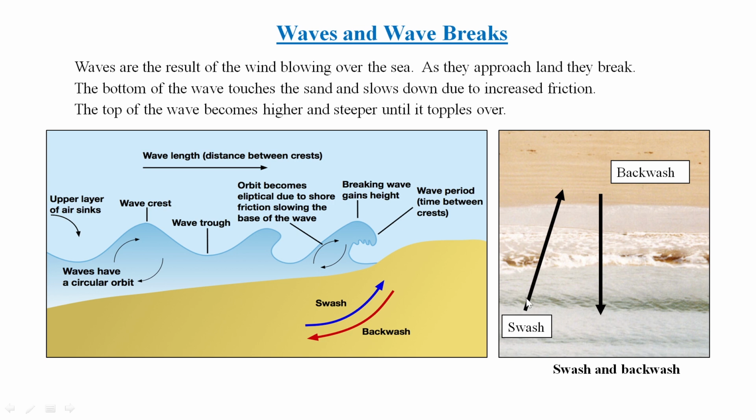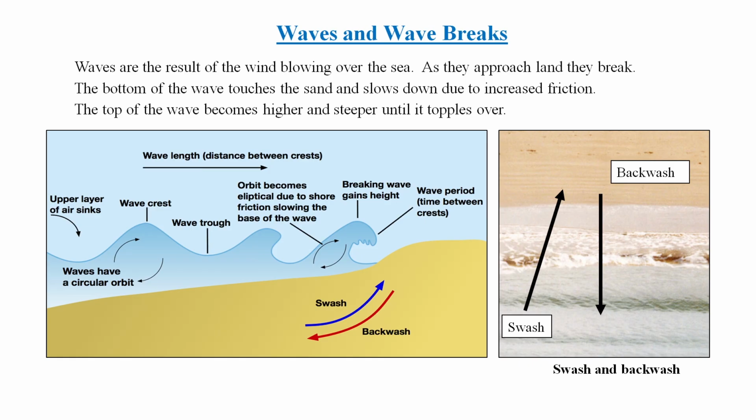When the wave is going towards the shore, it is considered swash, and when it is moving away from the shoreline, it is considered backwash. This continuous cyclical pattern of swash and backwash is the main controlling or influencing factor of all these erosional and depositional processes.